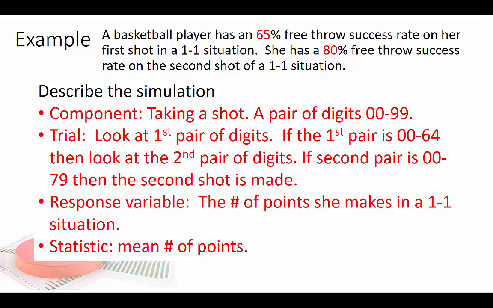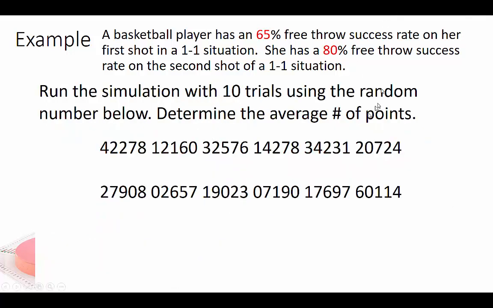So let's go ahead and run a simulation for this scenario. And we're just going to do 10 trials using the random numbers below. And it actually doesn't take very long because remember, we're at most looking at 4 digits. So for this first one, she makes the first shot, so she gets a second throw, and she made it. So she got 2 points there.